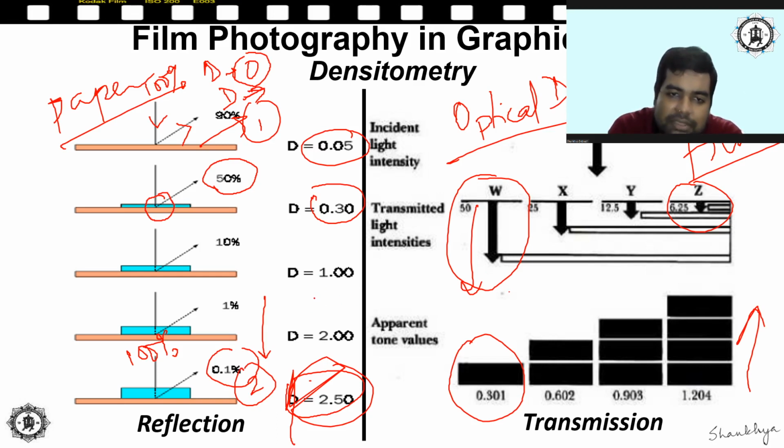Here you see the silver deposition has increased progressively. With the increasing silver deposition, what has happened? The transmission has decreased by a factor of 10. See, transmission has decreased by a factor of 10.